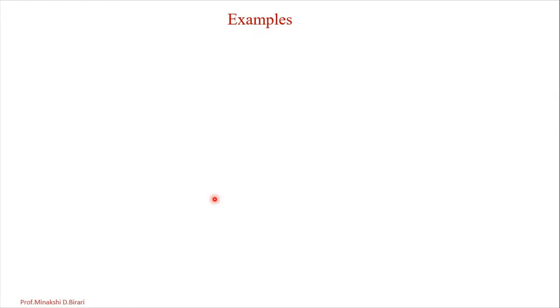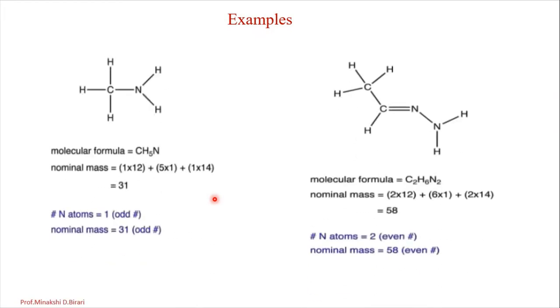Let us see further examples. Now in this example, the molecular formula is CH5N, number of nitrogens 1. If we calculate the nominal mass, the number of carbon atoms is 1, so 1 into 12, number of hydrogens 5, 5 into 1, number of nitrogens 1, so 1 into 14, so in total we get 31.